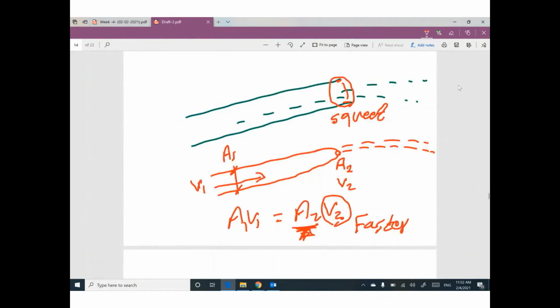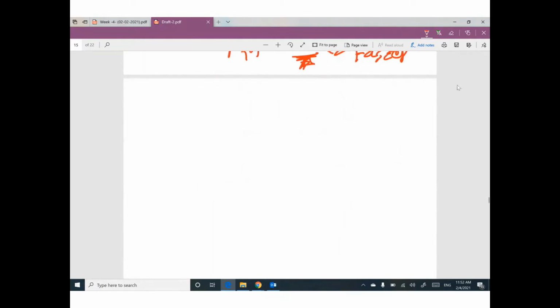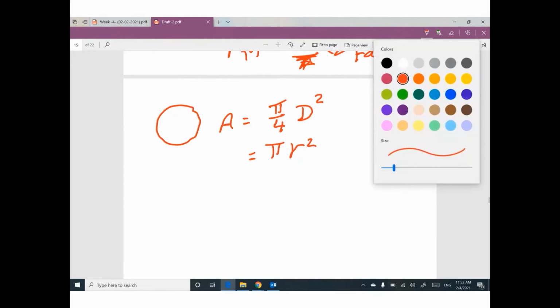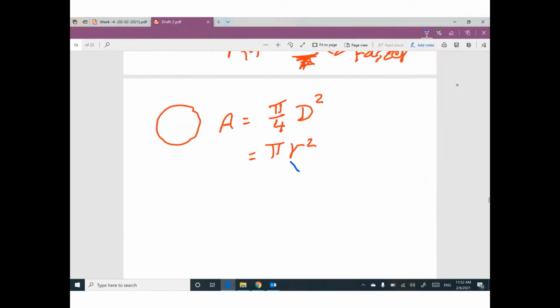I believe I don't need to remind you, for a circle, the area is pi r squared based on the radius, and based on the diameter, it is pi divided by 4 times diameter squared.